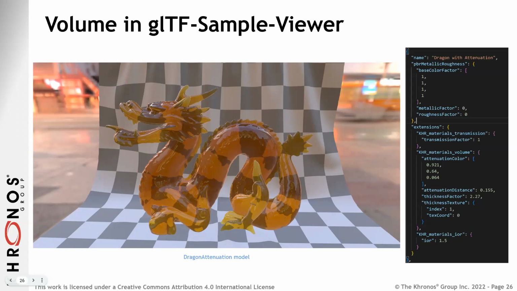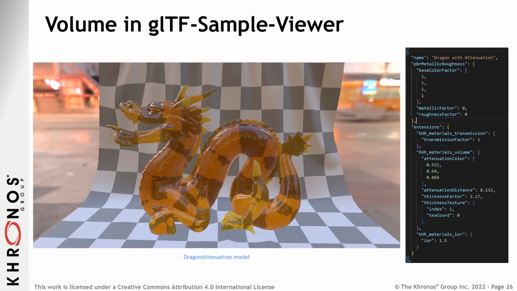And the other thing that I've included in here is we're using the materials IOR extension. And that extension is separate from the volume extension. It configures how light refracts through the volume, but it's standalone because IOR does also have an impact on the surface reflectivity as well.